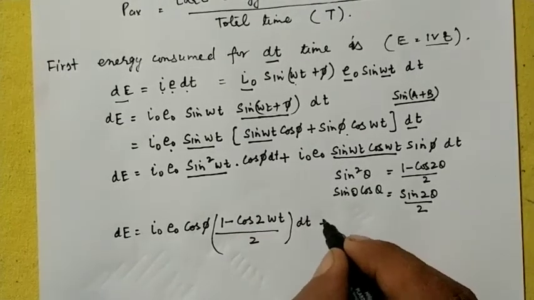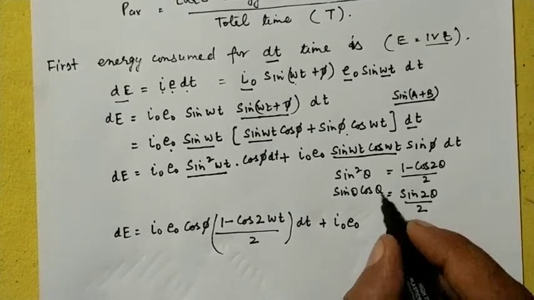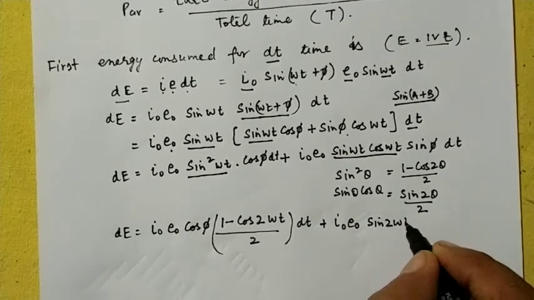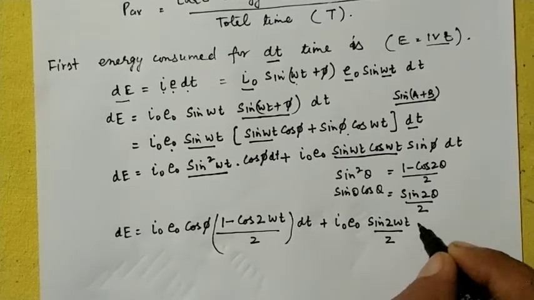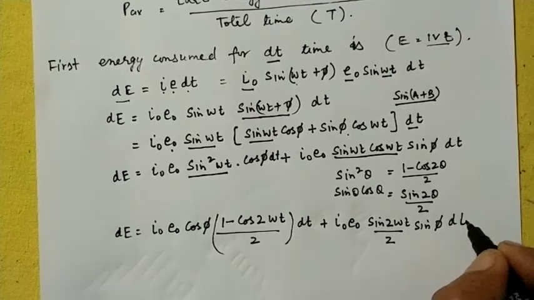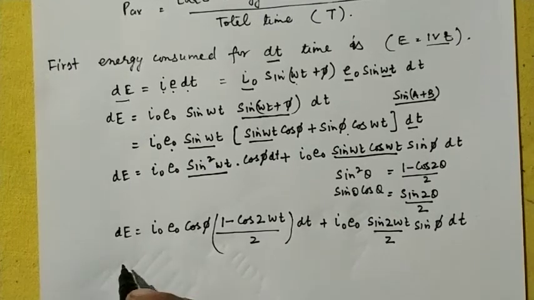Similarly, for the next one, I naught E naught, sine 2 omega t divided by 2, into sine of phi into dt. Opening this bracket.